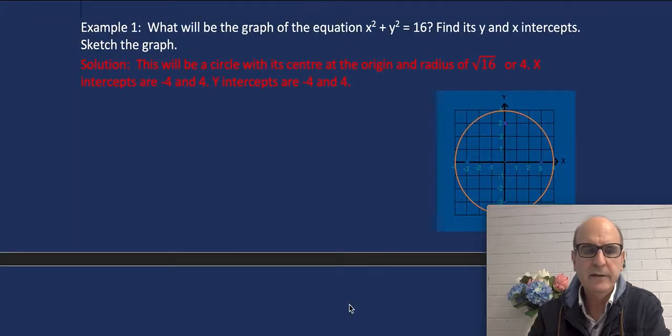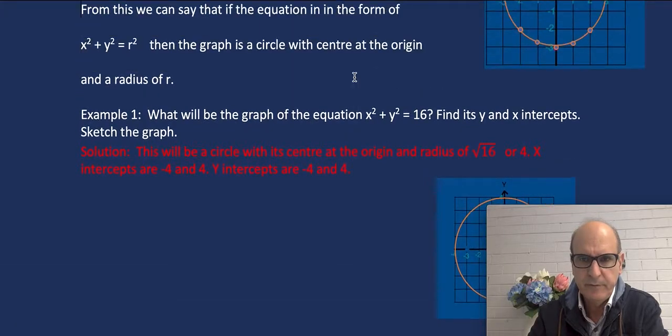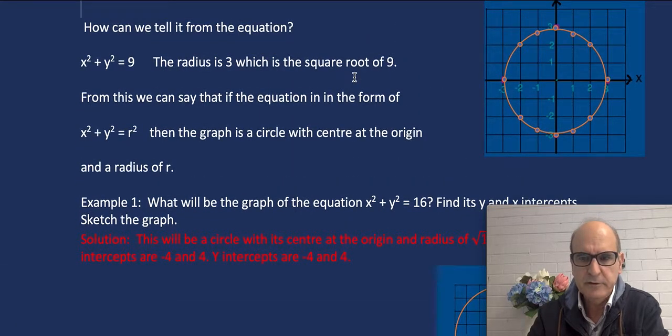Let's look at a couple of examples. One thing I should tell you first: we found out that this equation makes a circle, but each circle has one radius and one center. The center of a circle is always going to be the origin if your equation is in this form.